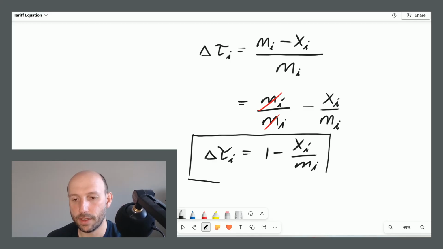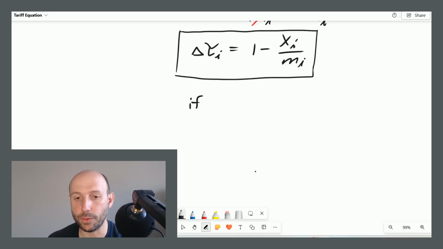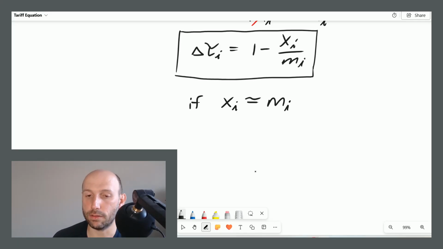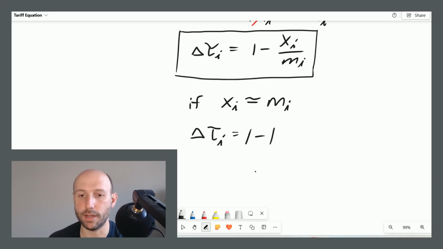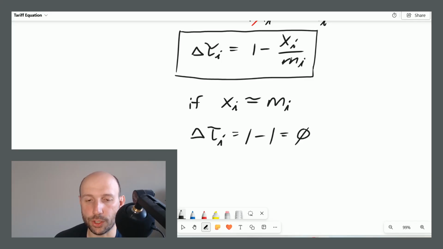So if xi is approximately equal to mi, so exports and imports are about the same, then you have delta tau i equals 1 minus 1, because if xi and mi are approximately equal, you're dividing something by itself, which is equal to 1. 1 minus 1 is 0, and then you have no change in tariff rate. Imports and exports balance each other, no need to change the tariff rate.